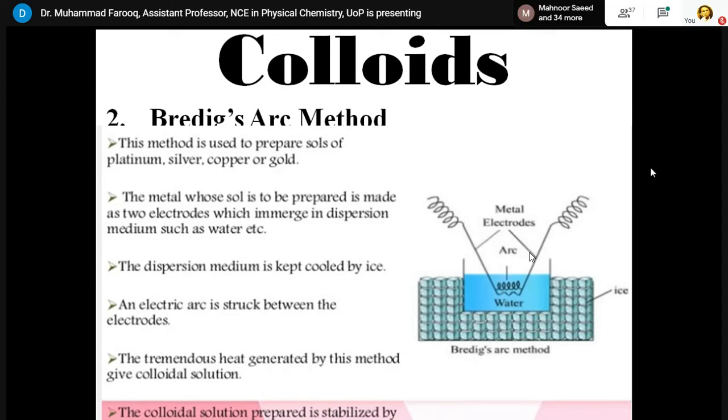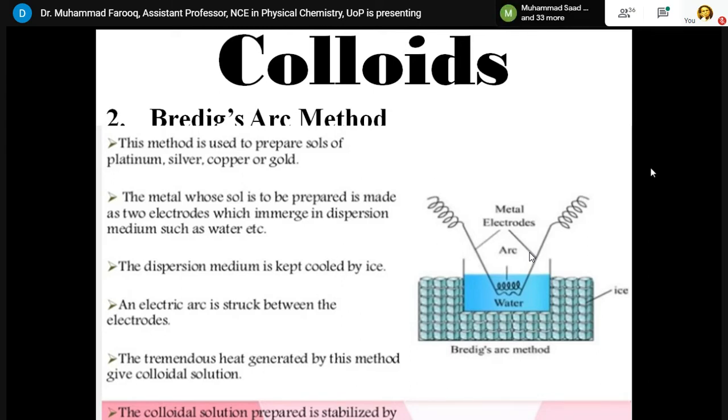You can see the water, and two electrodes of platinum or gold, whatever it is, are immersed. The dispersion medium is kept cooled by ice. You can see the ice is there.